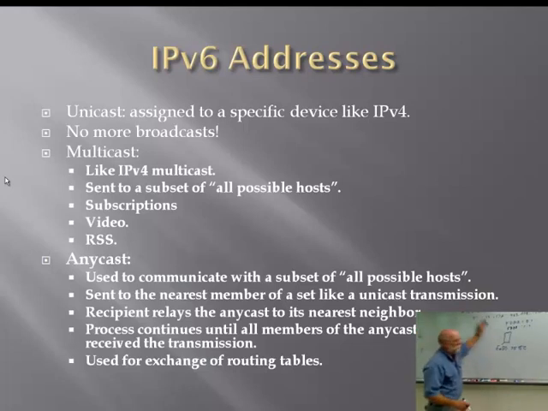So just like streaming audio and video and that kind of thing uses multicast, we can do that. There's a new one called Anycast, and this is mainly a routing kind of issue. And an Anycast is like a multicast, but it's sent to a subset of all possible hosts, but in a certain order.